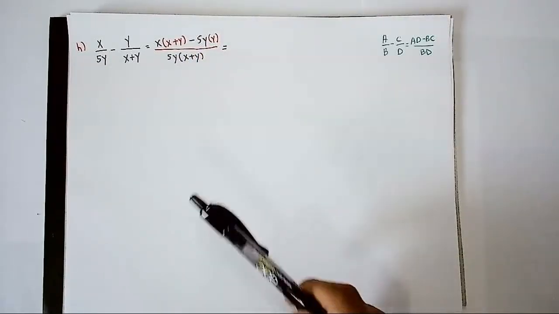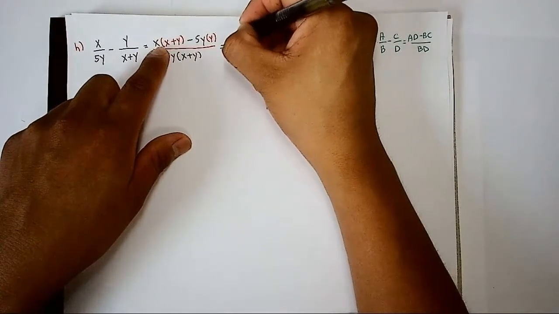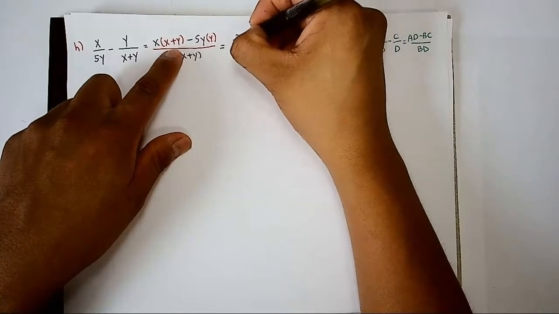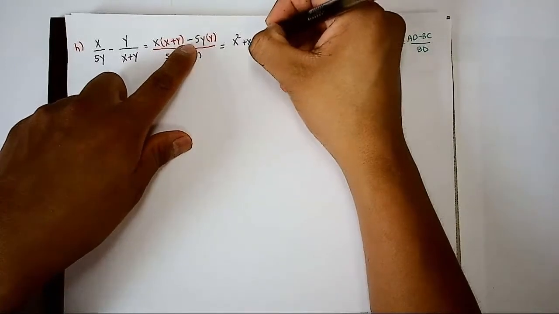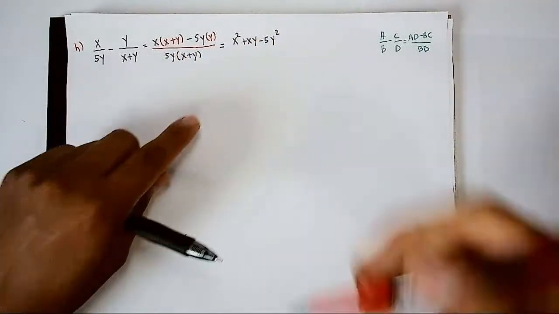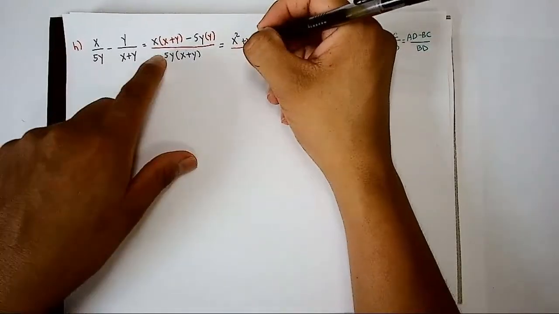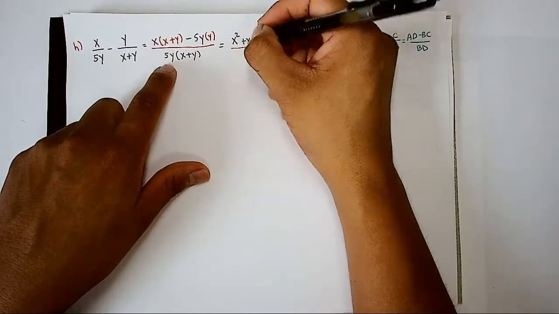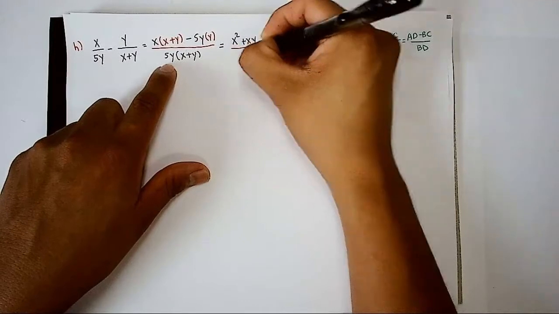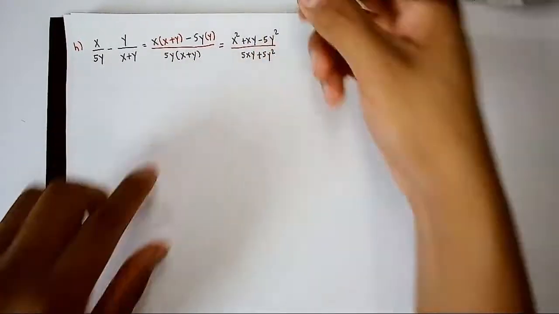And this is equal to x times x is x squared plus xy minus 5y squared divided by 5 times x times y plus 5y squared.